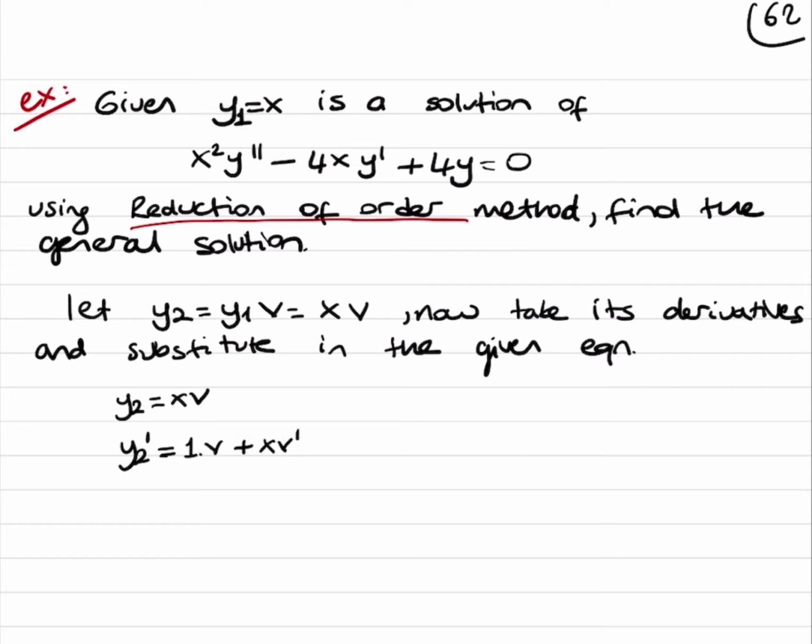Or we can divide by x squared, right? So we will have x v double prime minus 2 v prime is equal to 0.